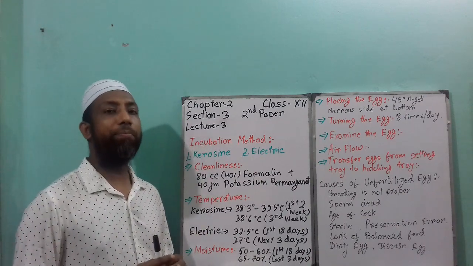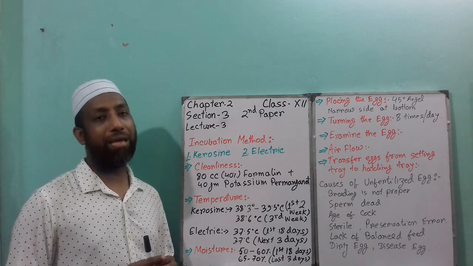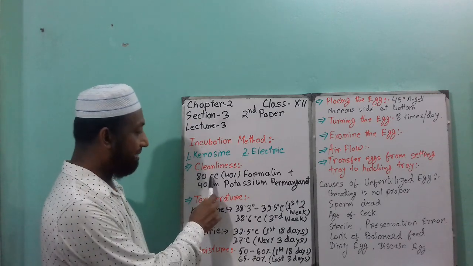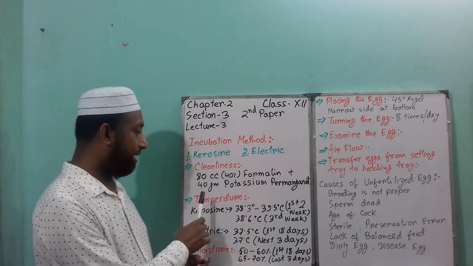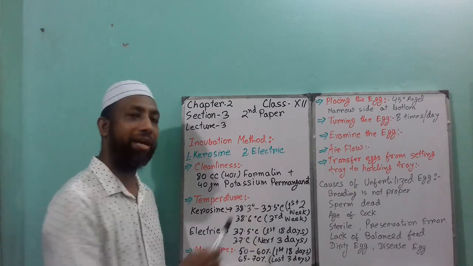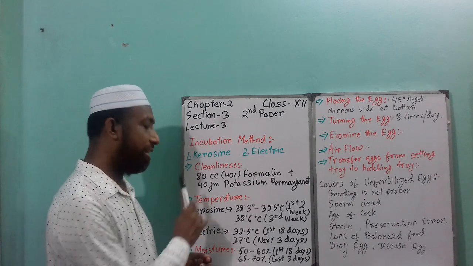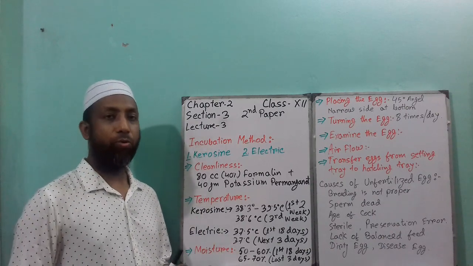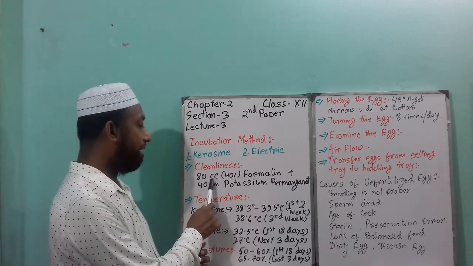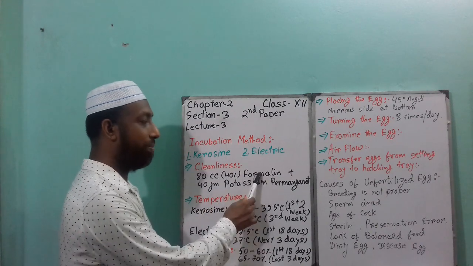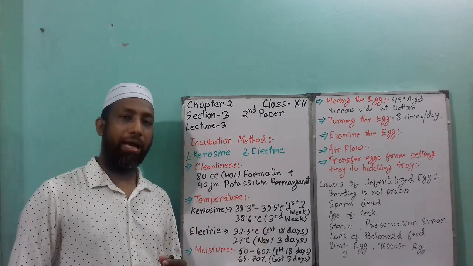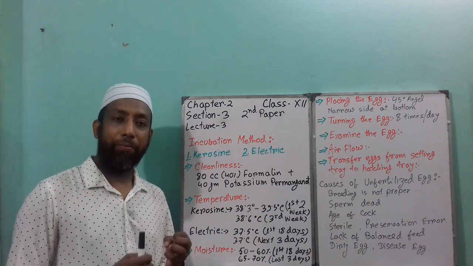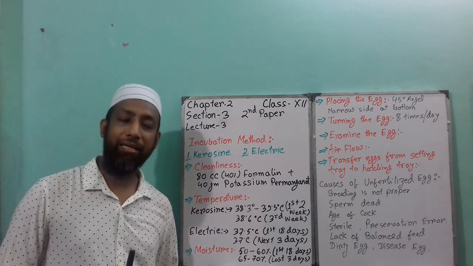For that, we clean with a chemical mixture: 80 cc, that means 40% formalin, mixed with 40 gram potassium permanganate. Remember, this is very important for MCQ: 80 cc of 40% formalin mixed with 40 gram potassium permanganate. It makes fumes inside the machine.